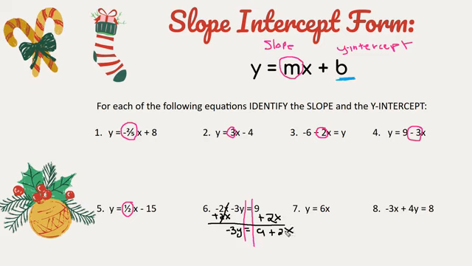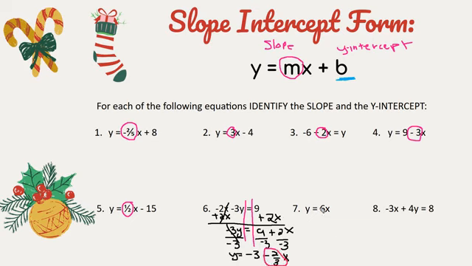And then after that, we're going to divide each term by negative 3. And then now I have my equation, which is going to be y equals negative 3 minus 2/3 x. So I can go back and circle, and I see now my slope is going to be negative 2/3. Okay.